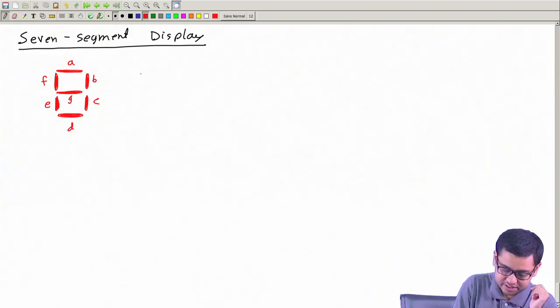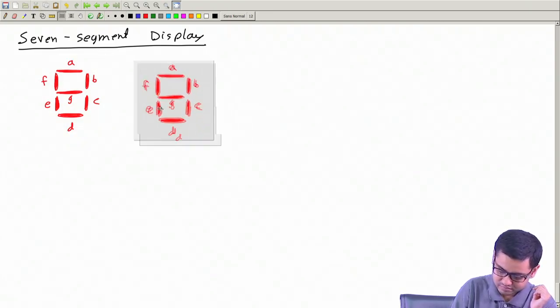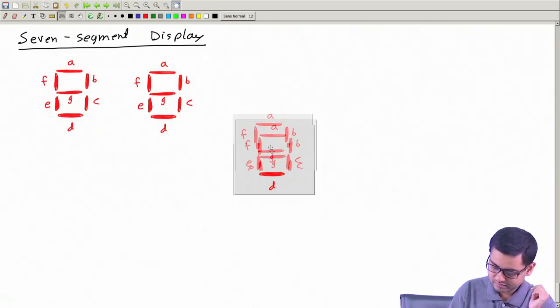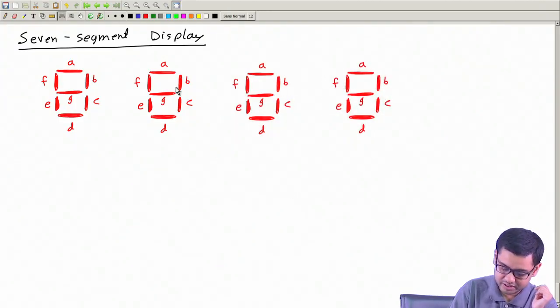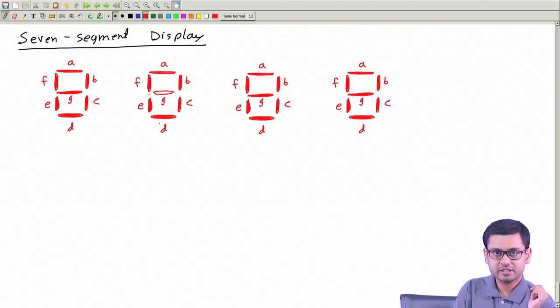How? For example, if I turn this light off, this looks like 0.